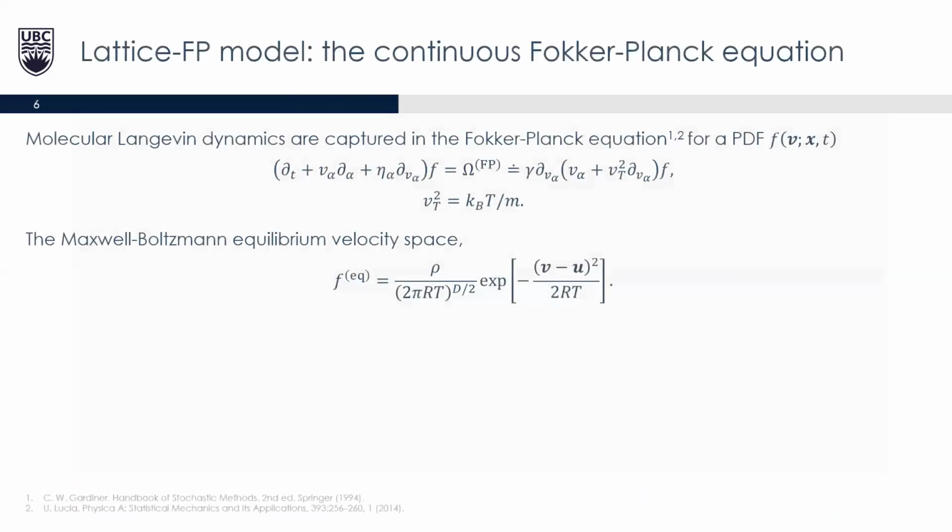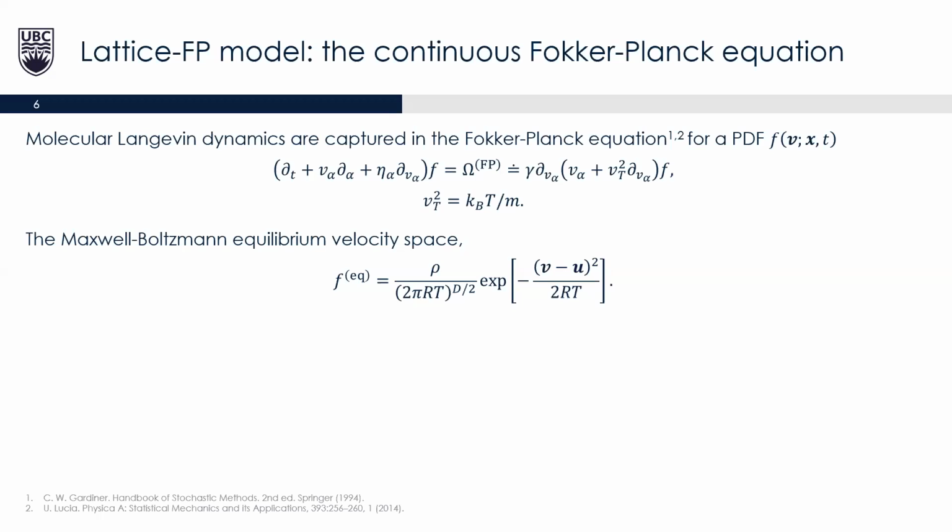If we look at the Fokker-Planck equation, it's a probability distribution function that essentially recovers fluctuating Langevin dynamics. This is probably the simplest model of a Fokker-Planck equation you can have, where you have an advection term on the left-hand side, an acceleration term of your population F, and then on the right-hand side, a drift term and a diffusion term, where really the stochasticity comes into play.